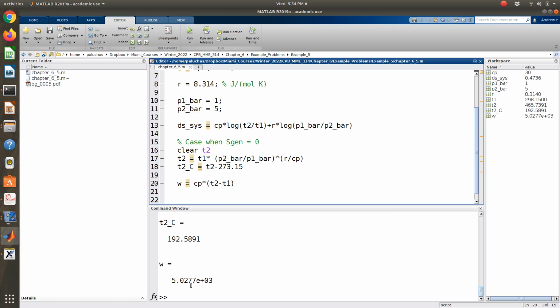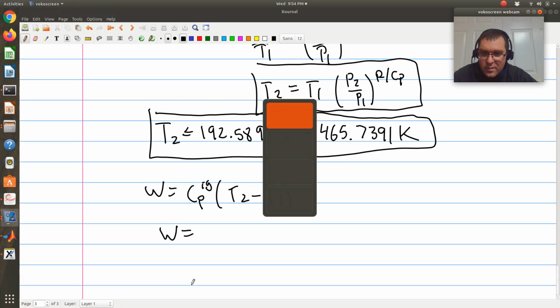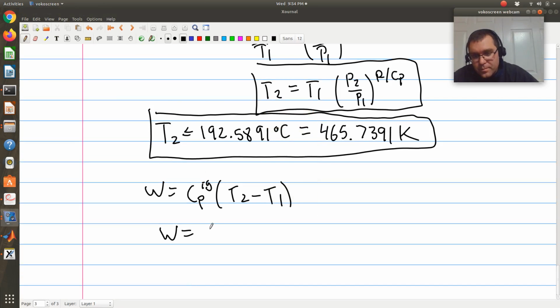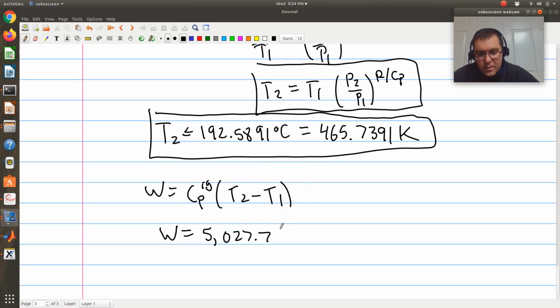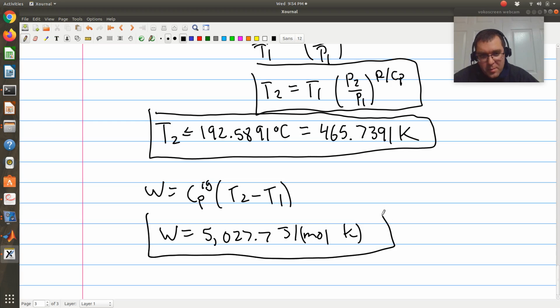And that's 5,027.7, is that right? So the minimum amount of work necessary occurs for the reversible case. We get 5,027.7.